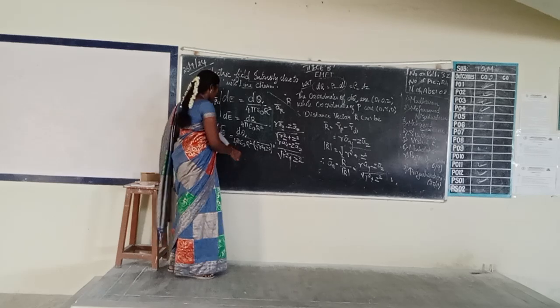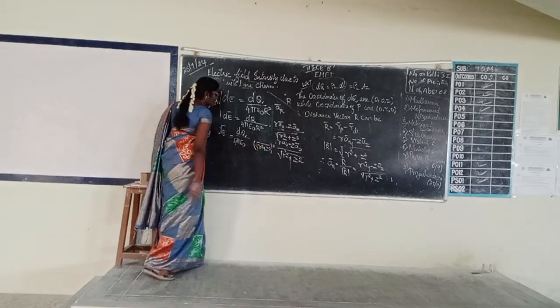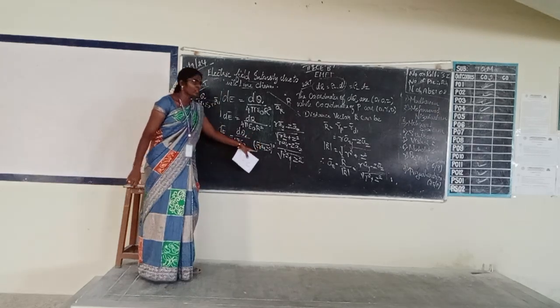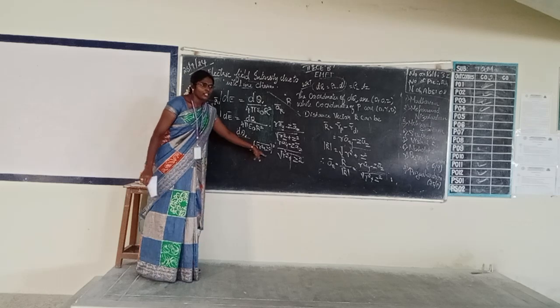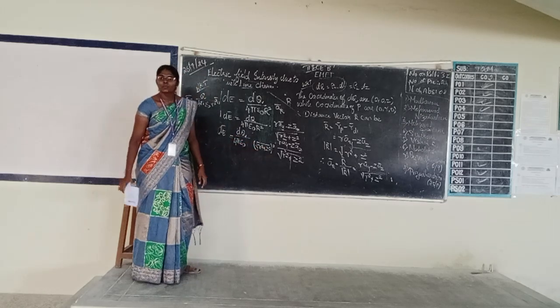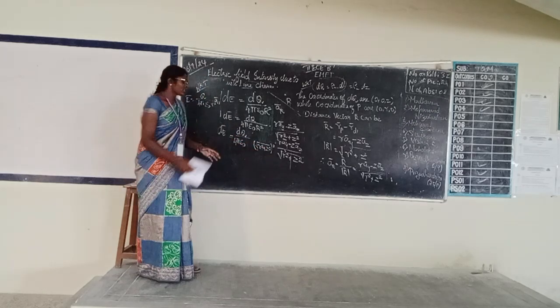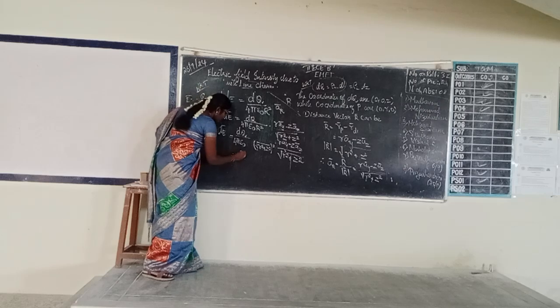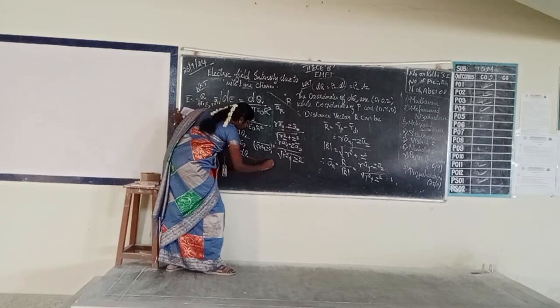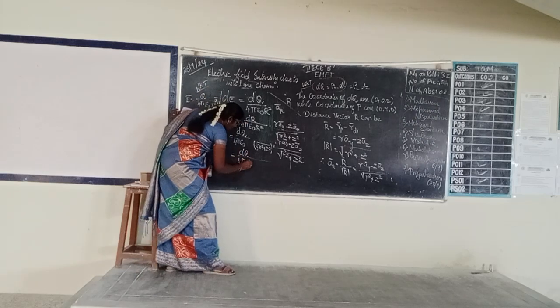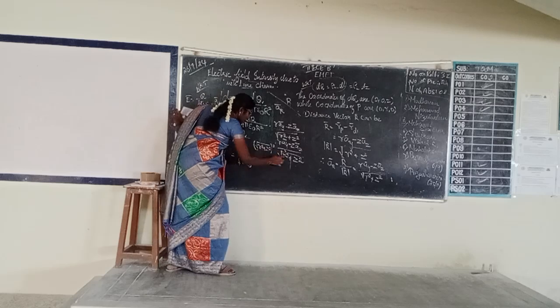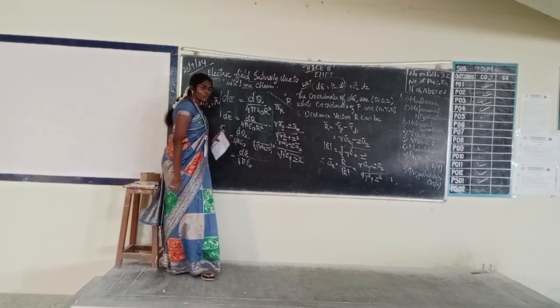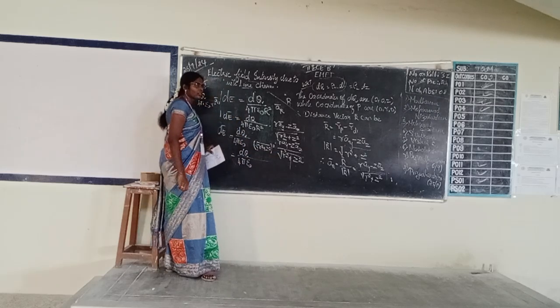Clear? Okay, 4 pi epsilon naught into root of r square plus z square, the whole square. Clear up to this? The next: it is dQ divided by 4 pi epsilon naught. How can we write these two together? R square, root of r square plus z square.